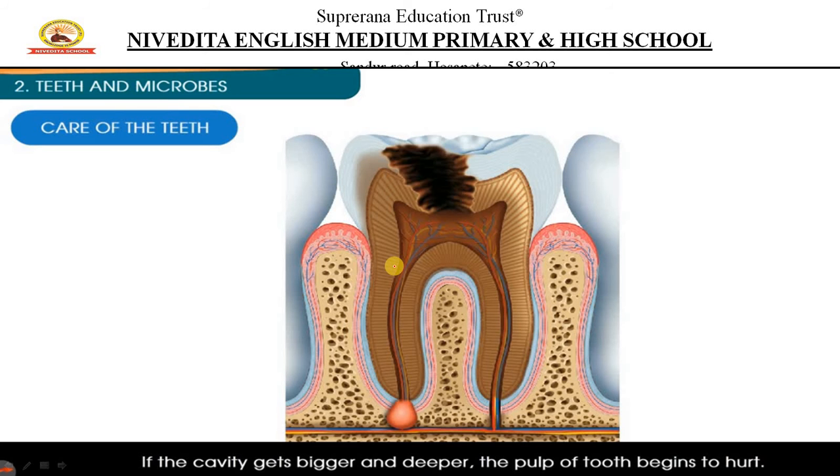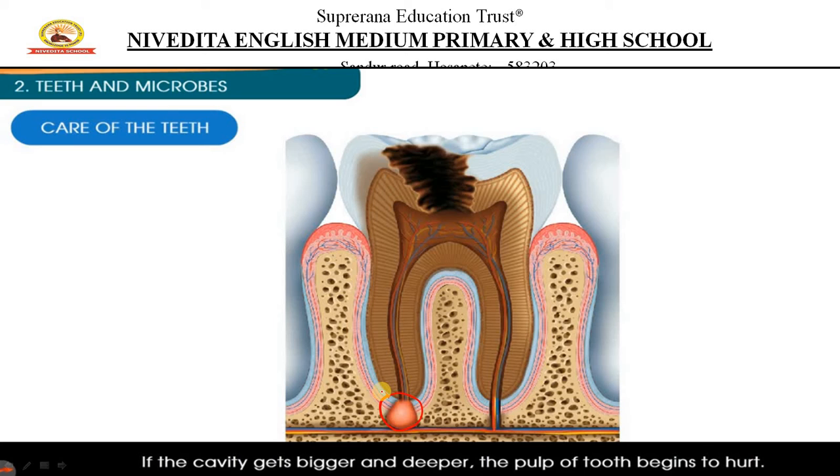As the cavity gets bigger and deeper, the pulp of the tooth begins to hurt. As you can see, it has got swollen here now. So as soon as you find out that your teeth or your enamel is getting destroyed, you should quickly take care of it.